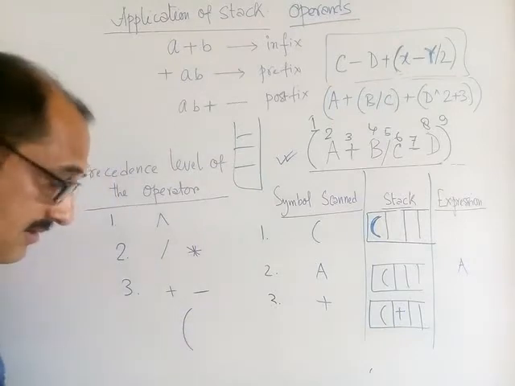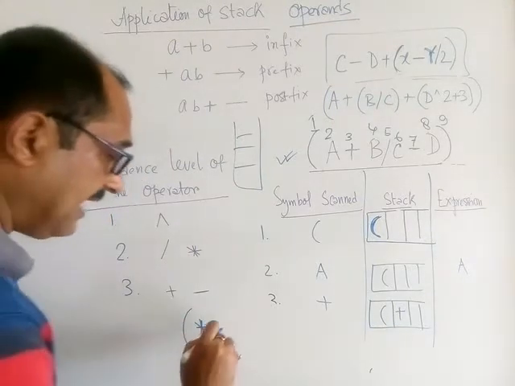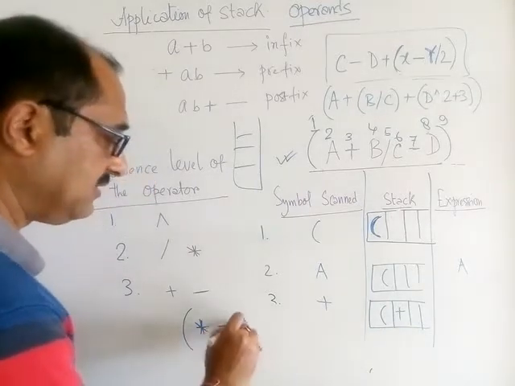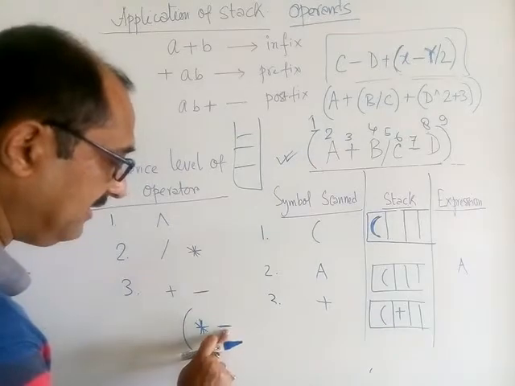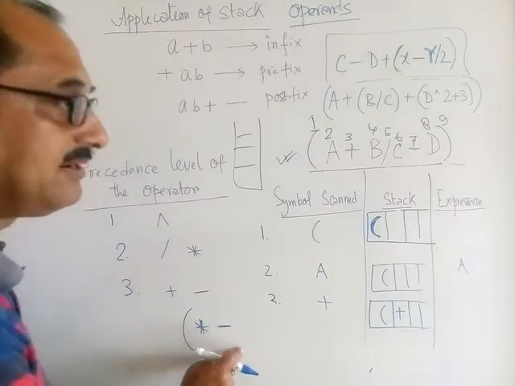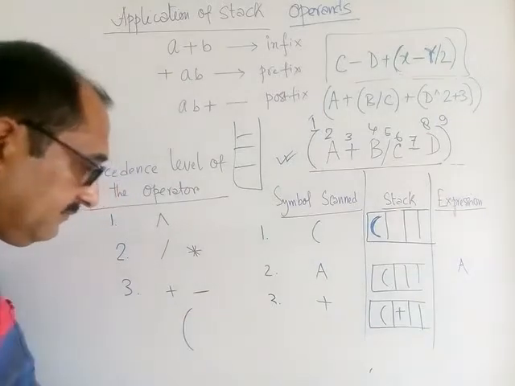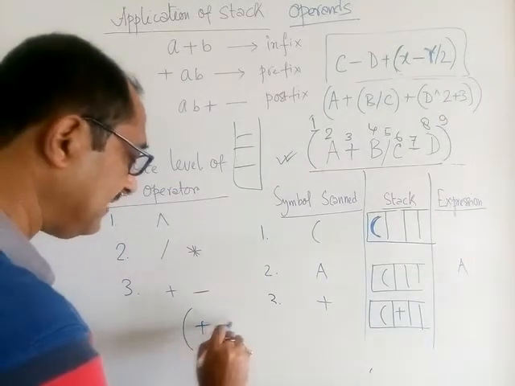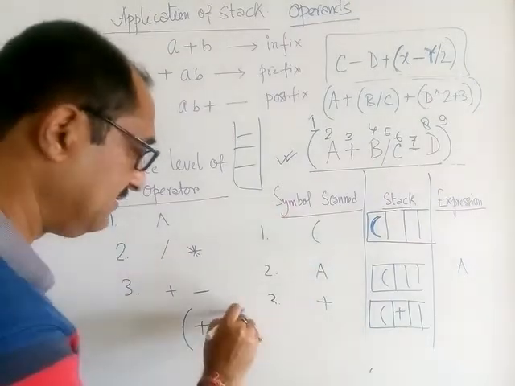But this is not permitted. What is not permitted? Like you have a star, okay? And you want to use the minus sign, that is not done. That means this operator cannot be a lower precedence level operator than the one on its left. Or even if it is plus and minus, in the same precedence level, that is also not permitted.